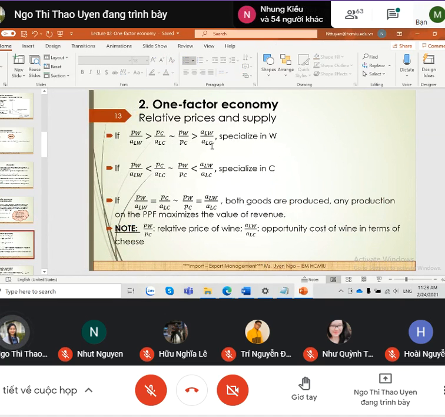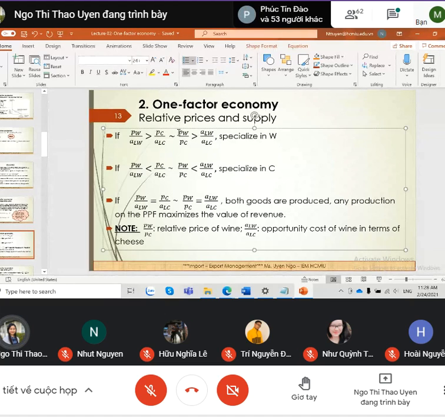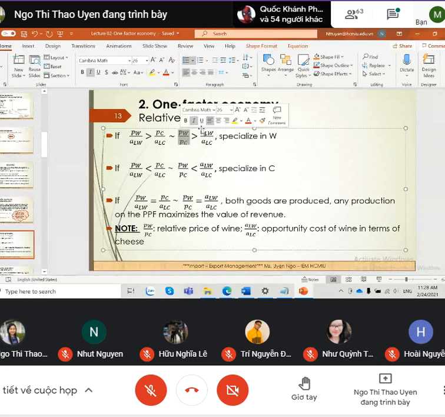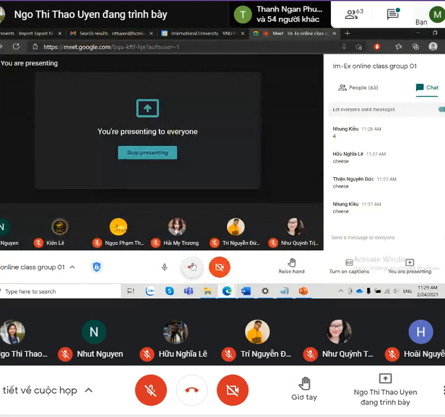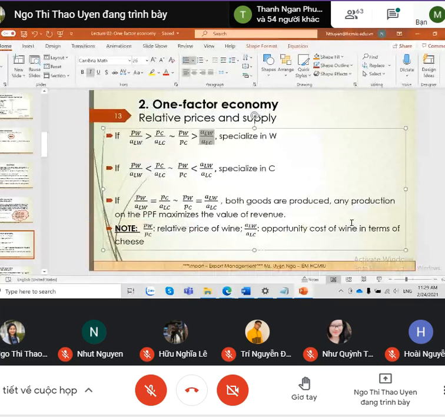It leads to the relationship between price and unit labor requirement, or we can change the position of the terms so that we have the relative price of wine over price of cheese. We call that the relative price of wine, and this is the opportunity cost of what? This term is the opportunity cost of what?